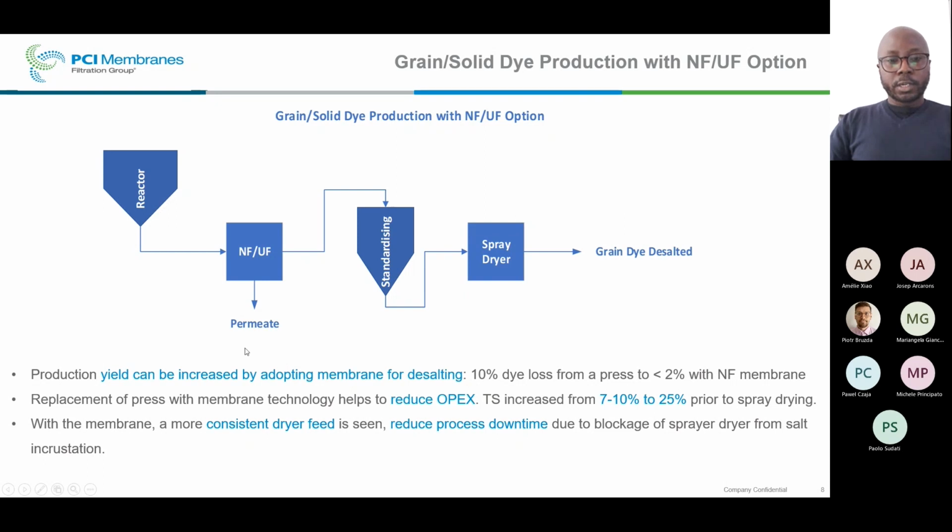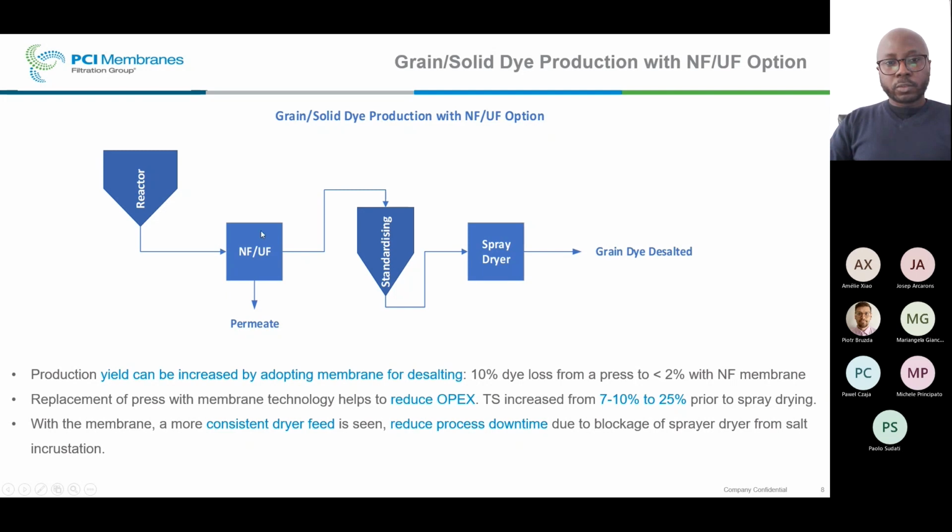What this means is that first and foremost, we are able to replace the press, which is mainly used by some companies. This helps to reduce the OPEX in terms of the operating cost. As we all know, a press could mean higher energy consumption, due to the fact that it might be required to use a driving medium, either air or vapor or steam, to help to complete the pressing stage.